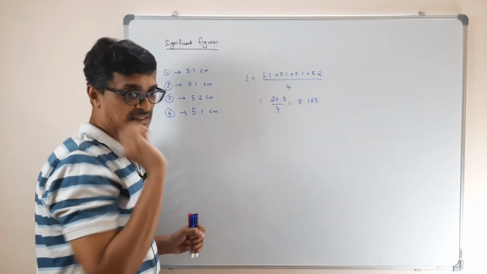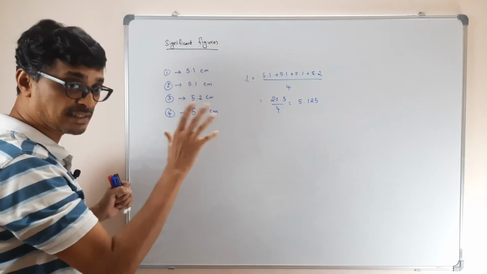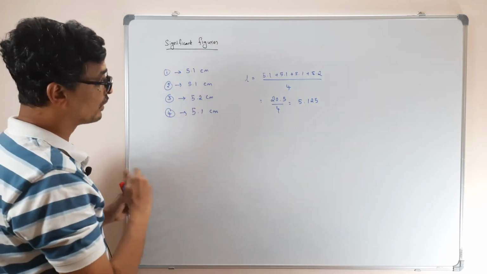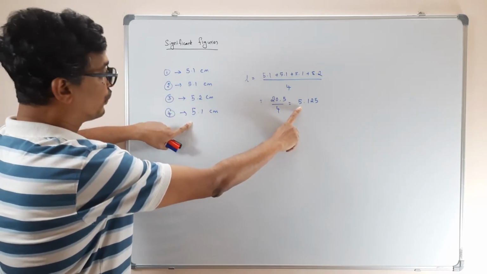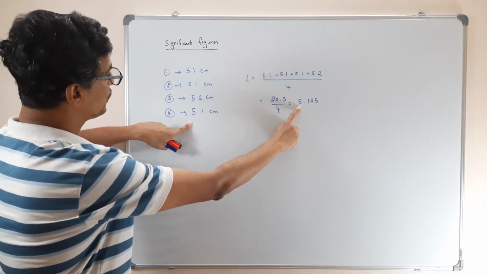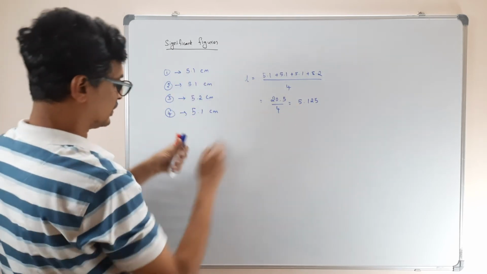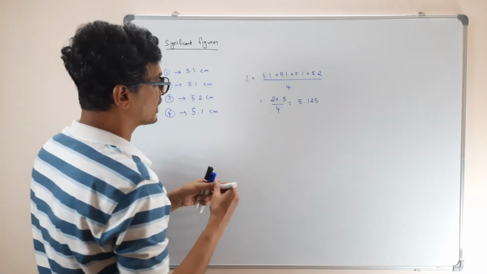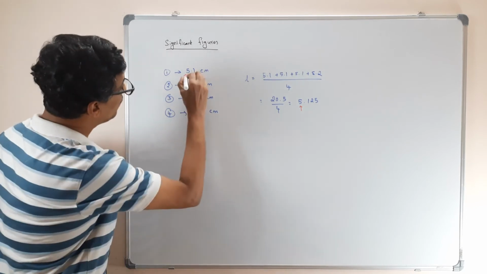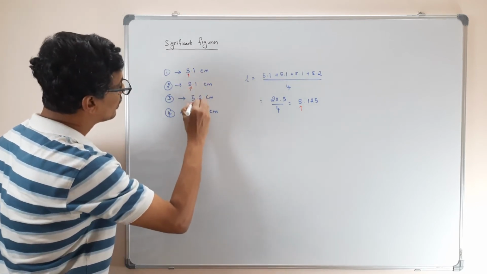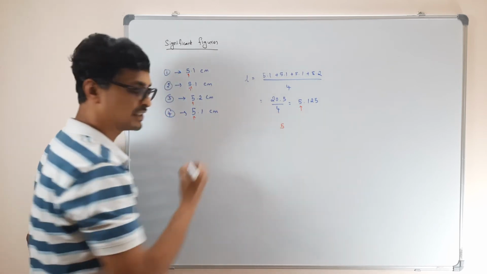So what is the digit? How to do that? That's what is called significant figures. You should see which figures are the same in all. Let us take the first figure, 5. 5 is common in all, so I will keep 5. It is one significant figure.